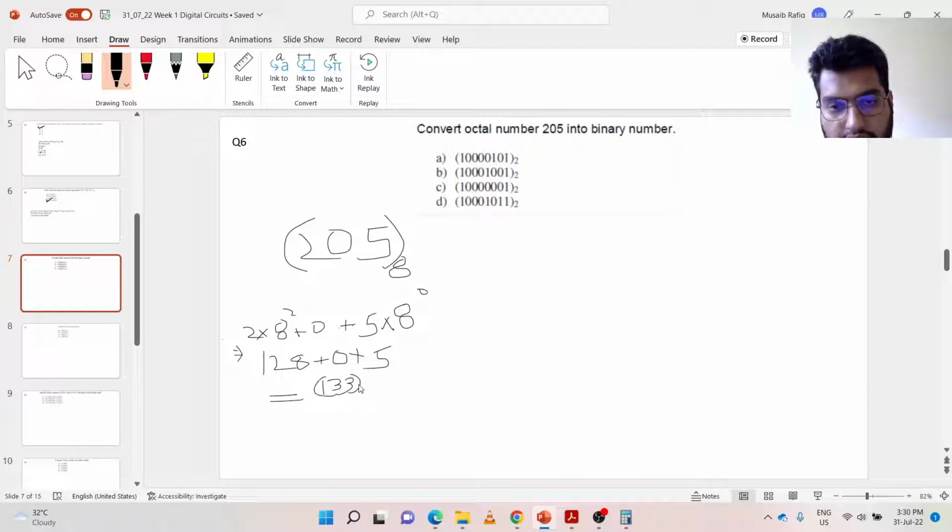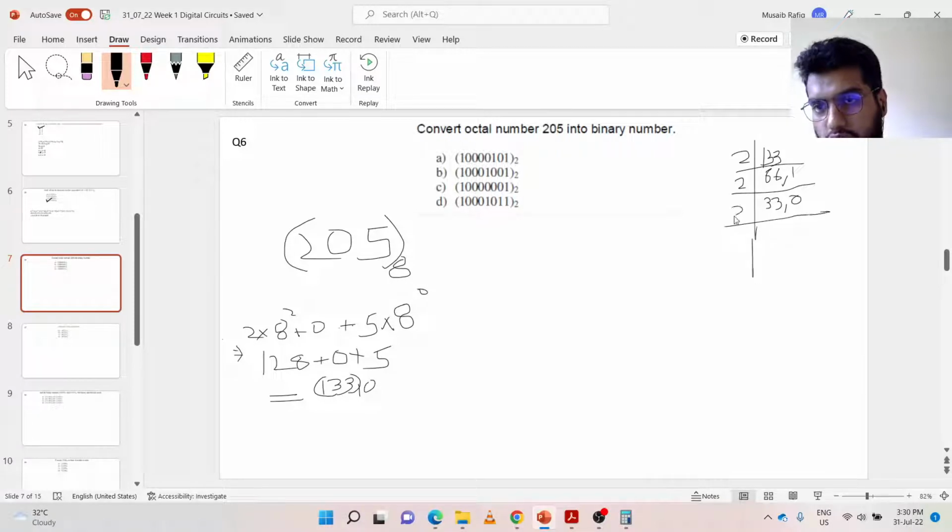Now we will convert this decimal number 133 into binary. How will we do it? We will just divide successively by the base of the number, that is 2. 2 times 66 is 132, and the remainder will be 1. Then 2 multiplied by 33, remainder 0.